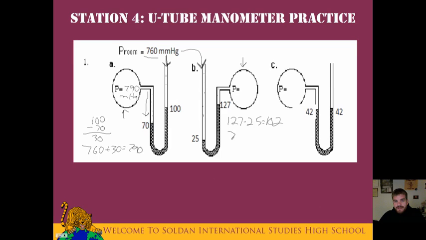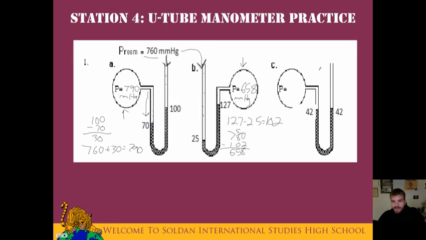So I'm going to do 760 minus 102 and get 658 as my pressure inside the bulb, which makes sense because this is a lower pressure on this side because the mercury is higher.